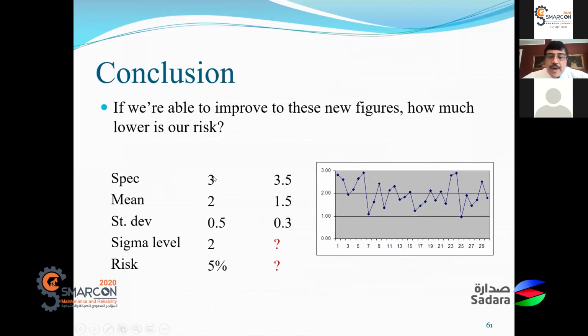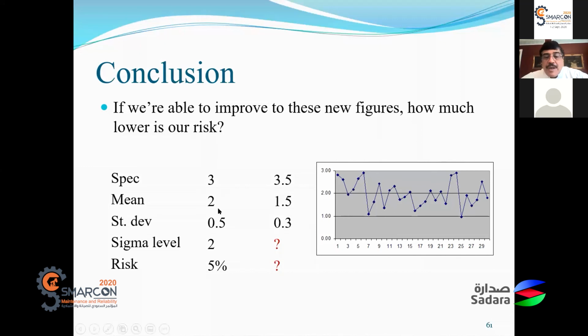If you're able to move this up from 3 weeks to 3.5 weeks. So you're currently, let's say you're required to finish within 3 weeks. You go, you talk to your customers and you get them to agree that you give you just half a week extra, okay?